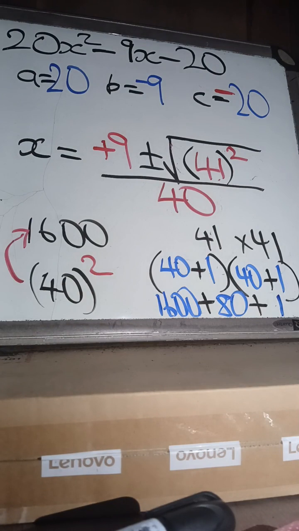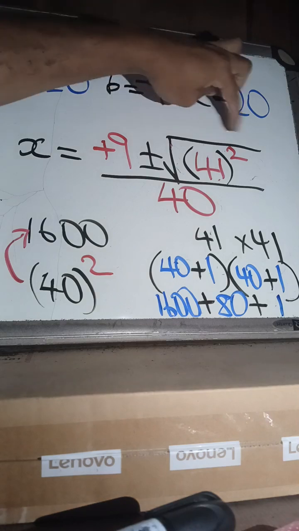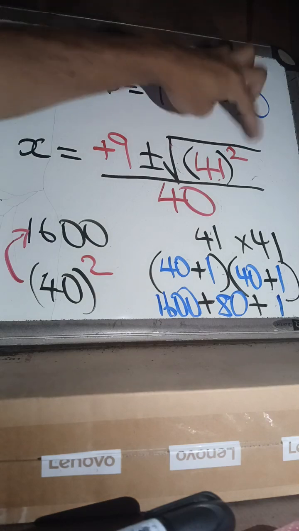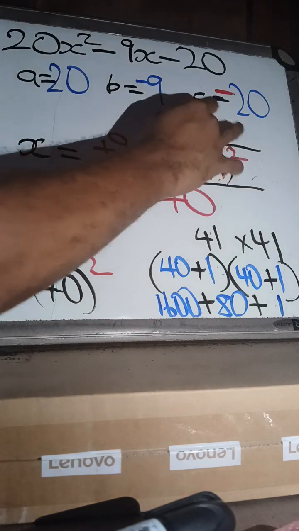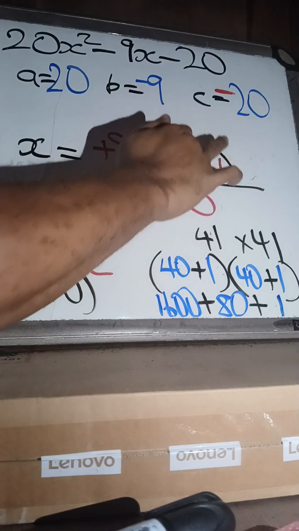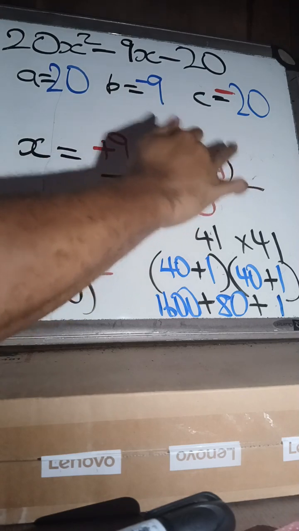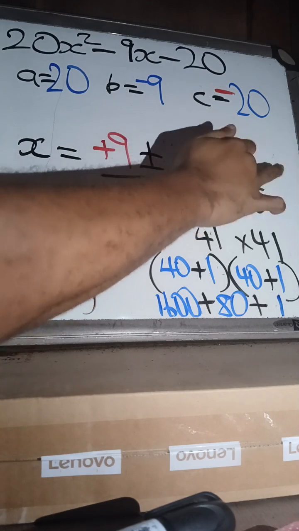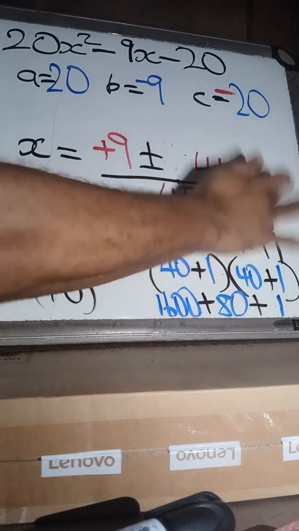So 1681 is the square of 41. And of course, whenever that happens, you square root a square, you eliminate that sign. So therefore, this cancels that. So you can rub out all of that. And it leaves you with just that.